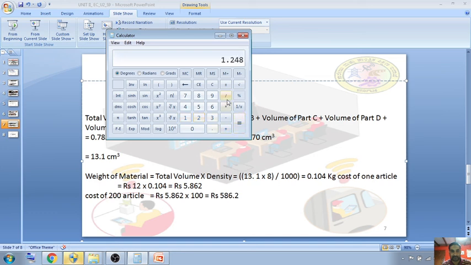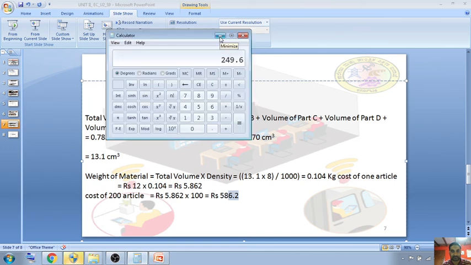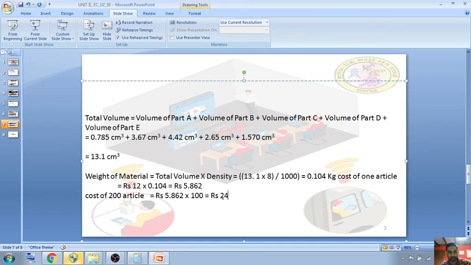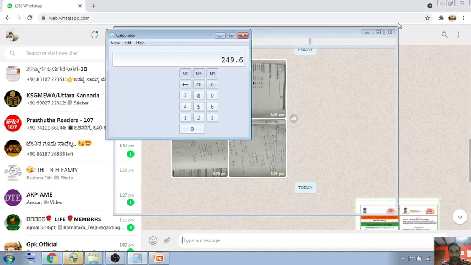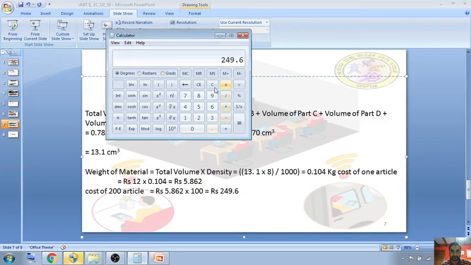So this much is required into 200 articles, 249.6. 12 into 0.104 is 1.248 multiplied by 200.